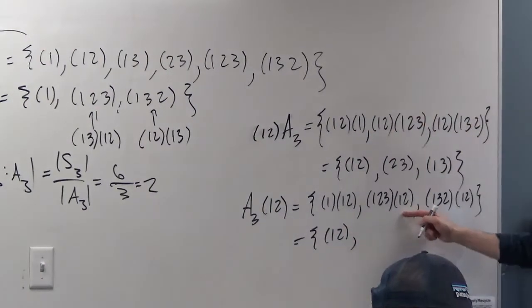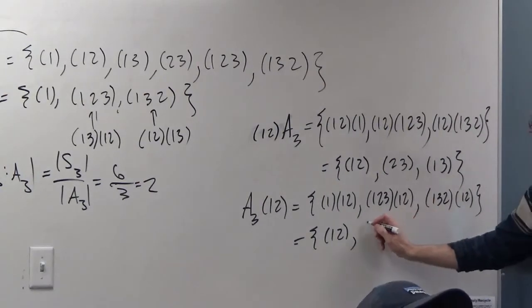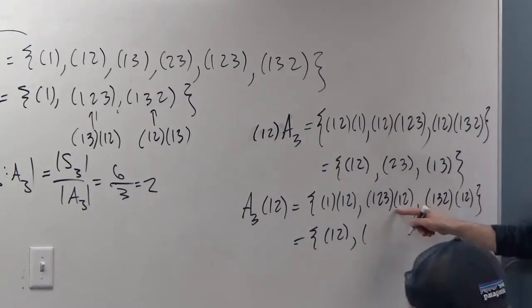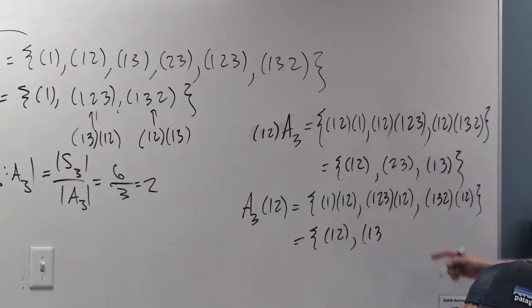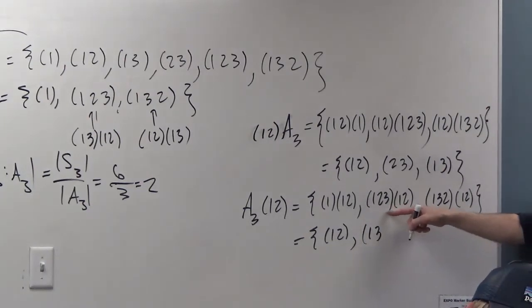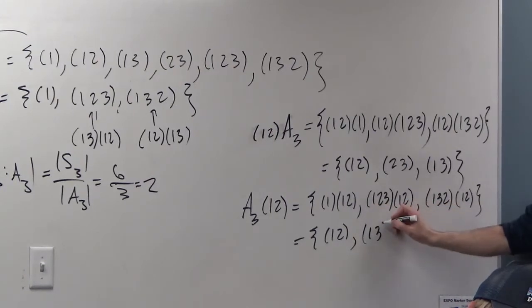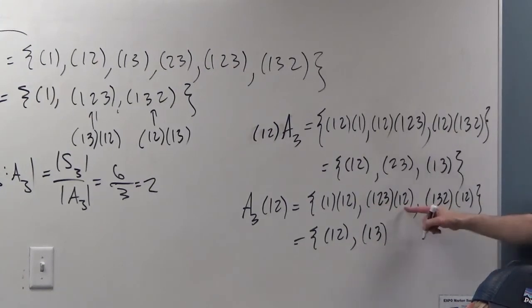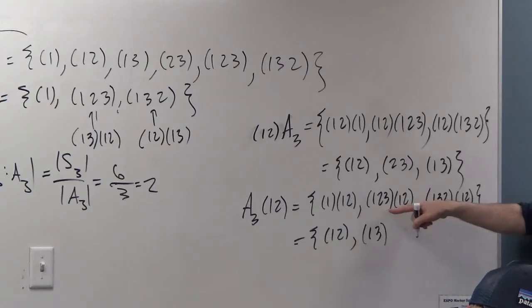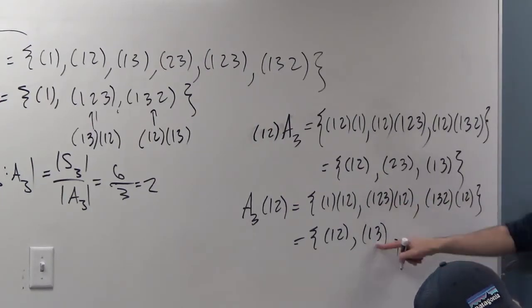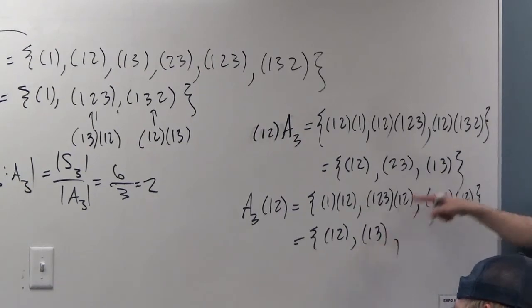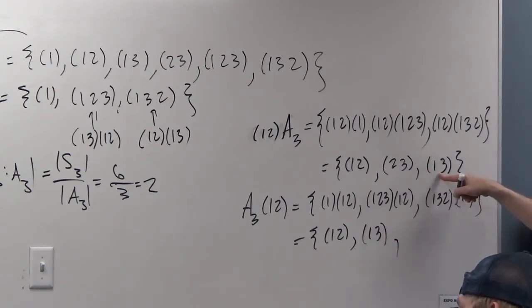Do this composition, again, right to left. 1 first maps to 2, then 2 maps to 3, so ultimately 1 maps to 3. 3 stays fixed with this one, but then maps to 1, so ultimately 3 goes back to 1. 2 should stay fixed, does it? First it maps to 1, and then it maps back to 2. 2 does stay fixed. We get the 2 cycle (1 3), which is the same as what we got there.